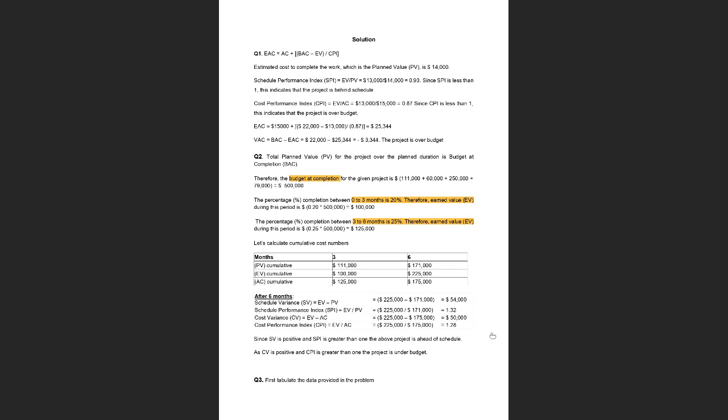It's very straightforward to calculate earned value: you just multiply the percentage completion by the budget at completion. That's your earned value. You might be wrong or you might be right. If someone can help me out with this, please do. But don't make it complicated. The details are given to you. Just use what has been given.